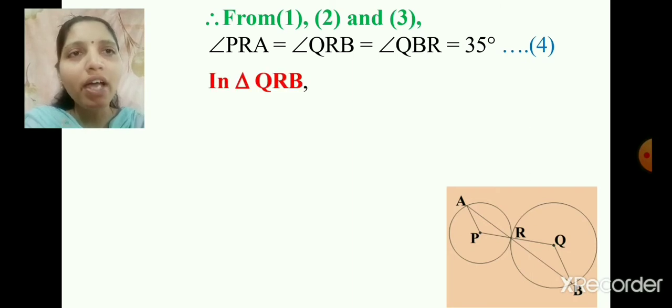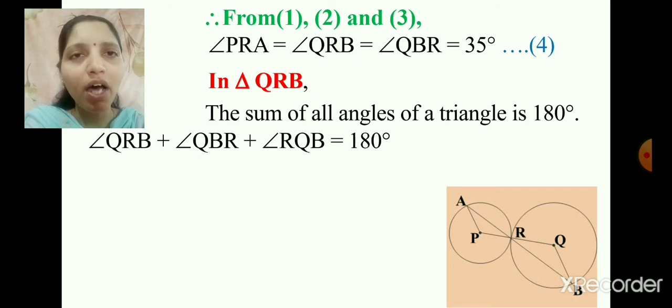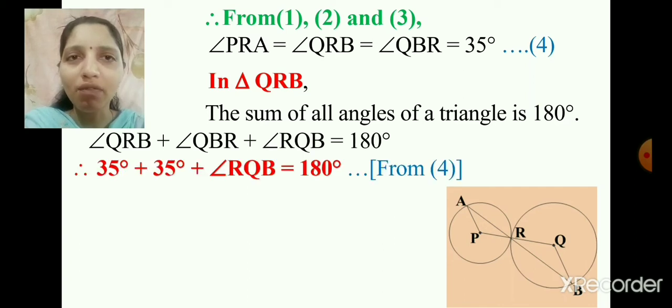Now in triangle QRB, the sum of all angles of a triangle is 180 degrees. So with this property we can write angle QRB plus angle QBR plus angle RQB is equal to 180 degrees. Now let's substitute the values here. Angle QRB is 35 degrees, angle QBR is also 35 degrees, plus angle RQB, which we have to find, is equal to 180 degrees. The reason you will write is from equation 4.